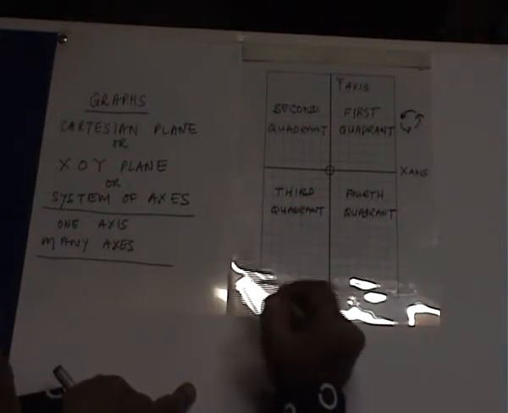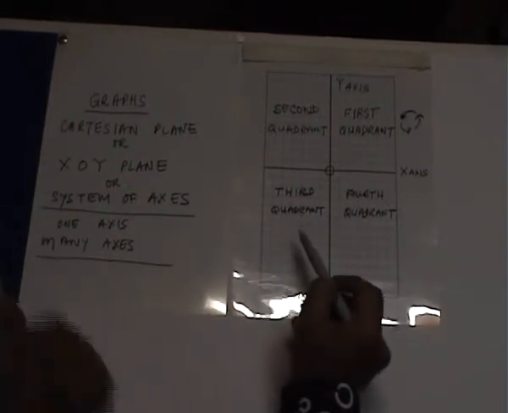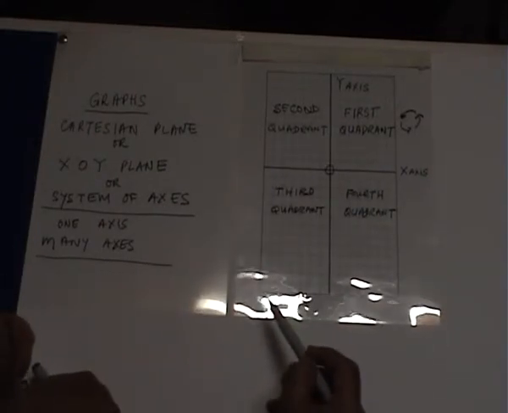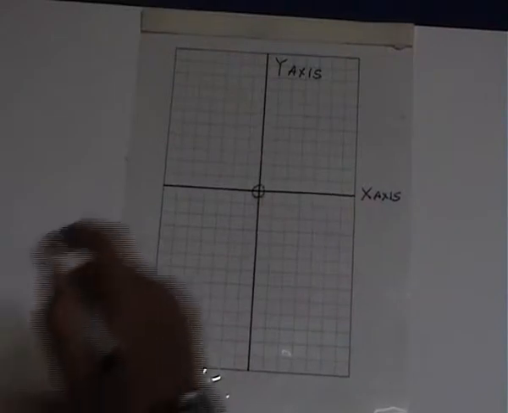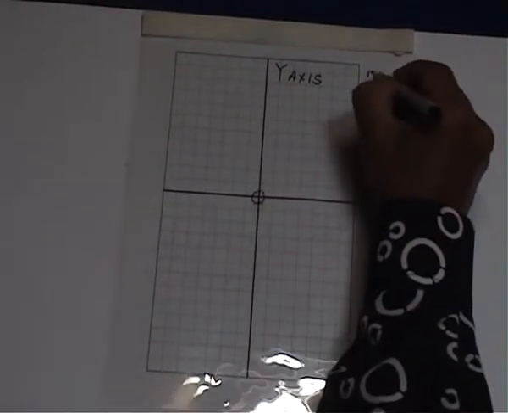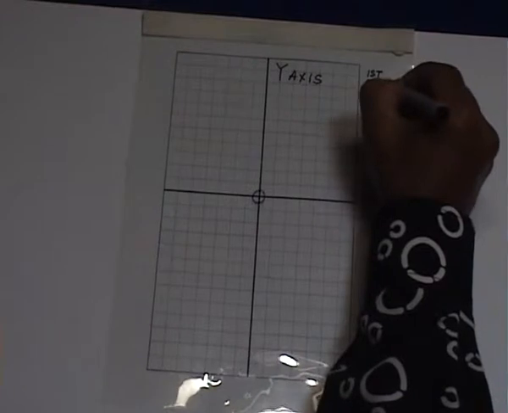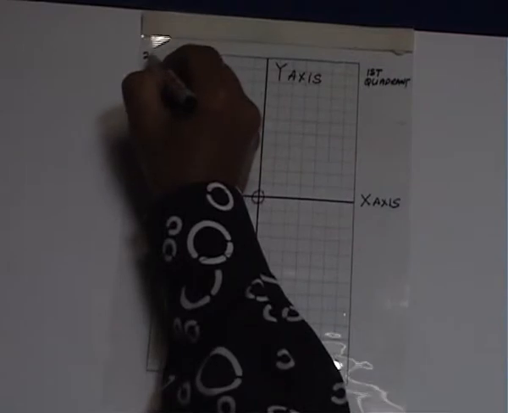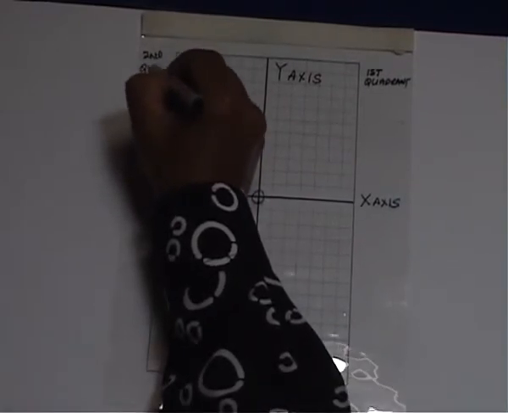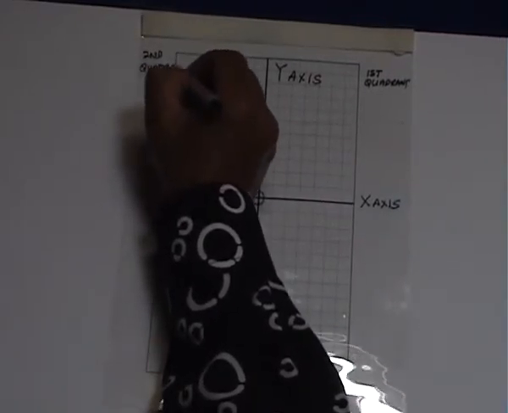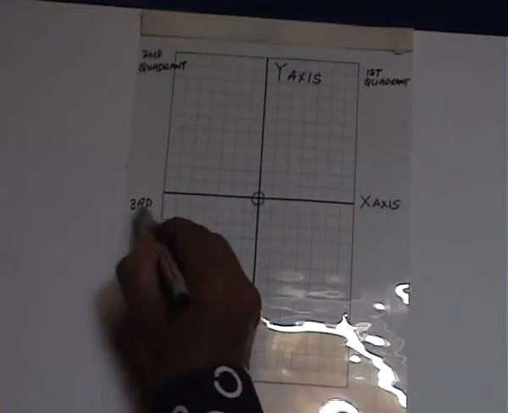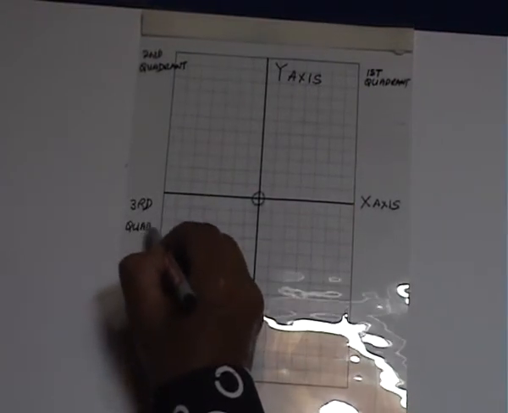All right. And we're going to move on now to the next thing that we need to know about this graph paper. So this is your first quadrant. I'm just writing it on the side now. And this is your second quadrant. This is your third quadrant.